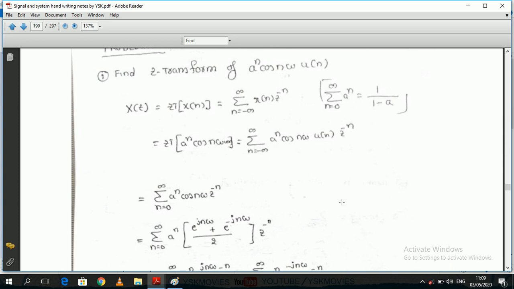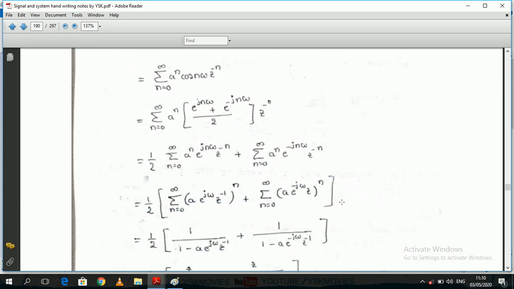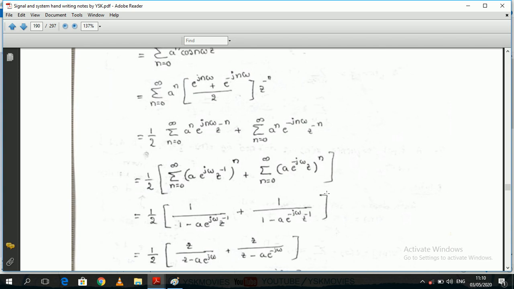Well, you know the formula: X of z is the sum from n equal to minus infinity to infinity of x of n z power minus n. As we discussed earlier, we always try to make them a power n, so first of all we convert cos n omega into exponential format. This is a power n into e power j n omega plus e power minus j n omega, divided by 2, times z power minus n.